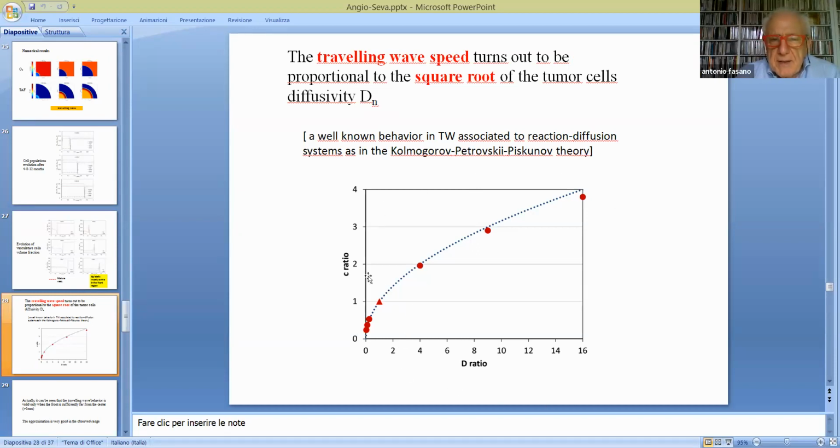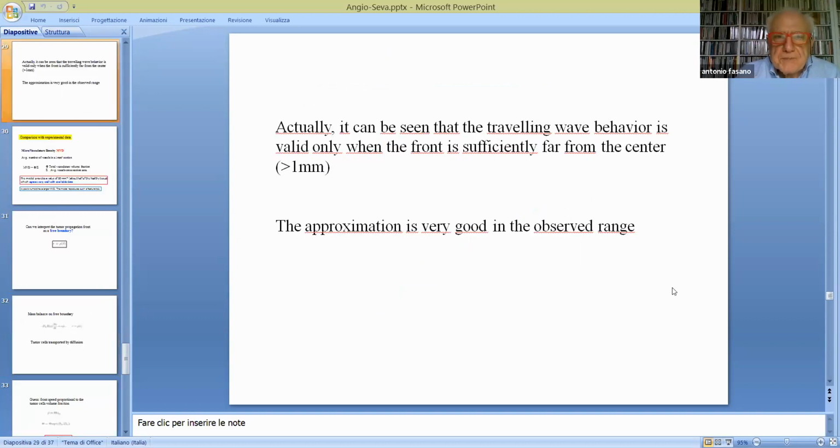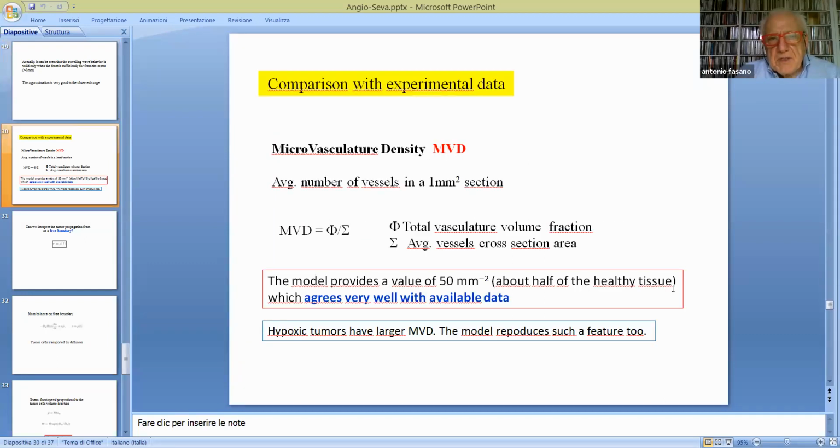So varying the diffusivity of the tumor cells, which is responsible for the advancement of the front, the velocity of the traveling wave is very, very close to the square root behavior, as shown here. So this indicates the traveling wave nature of the solution. Okay, so we skip this.